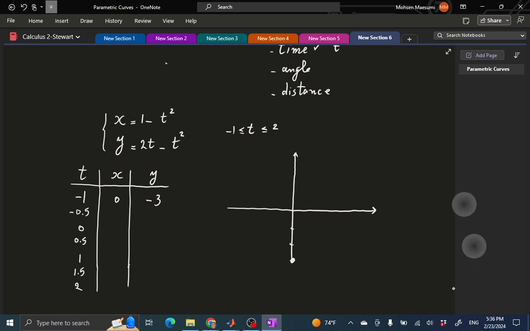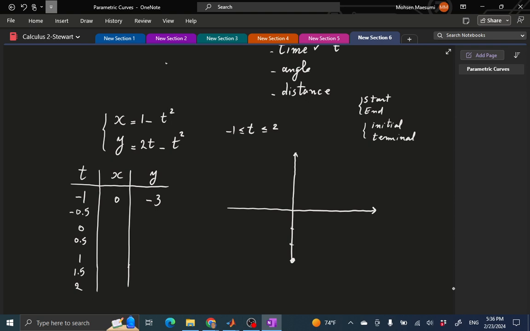So typical language used, start and end, or initial, terminal, or similar language.